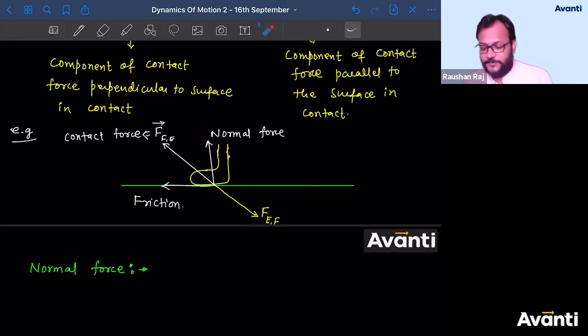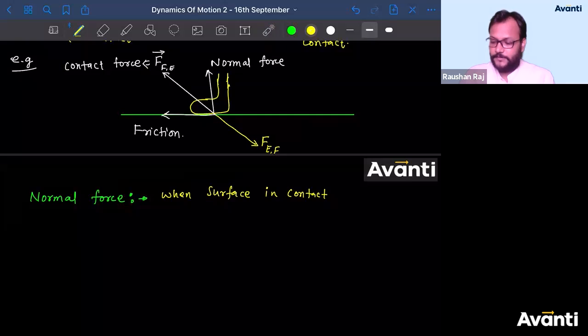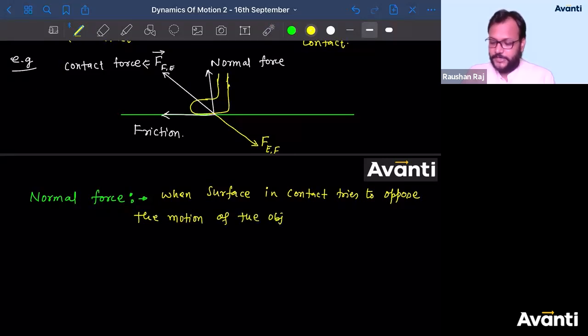Guys, did you understand that? When will you get normal force, bachcha log? When a surface in contact tries to oppose the motion of the object normal to it.